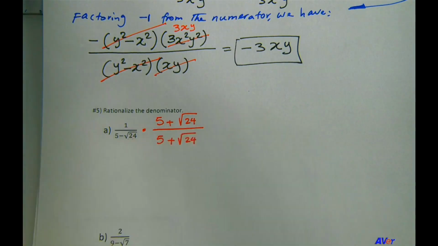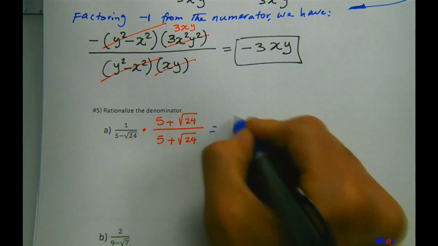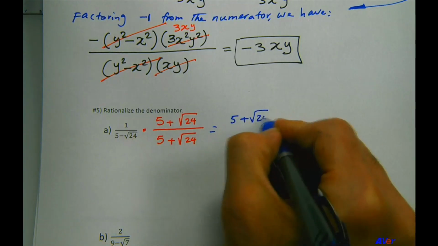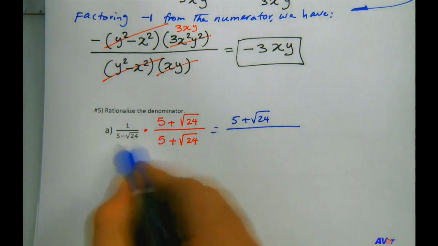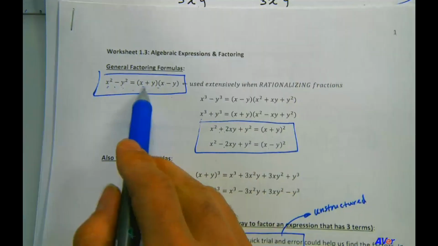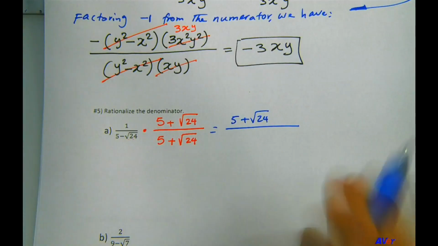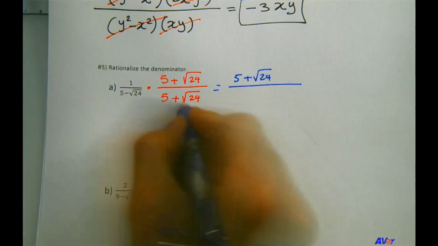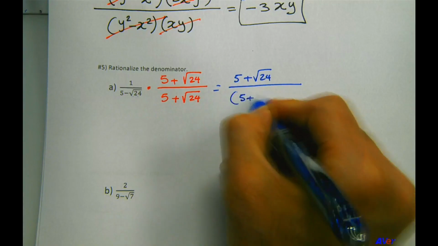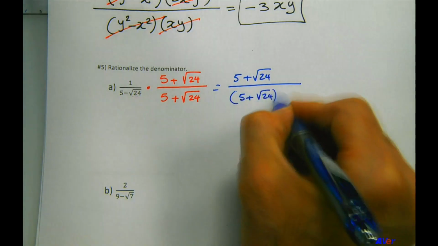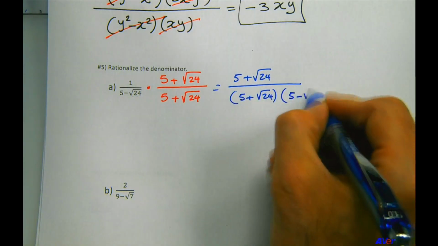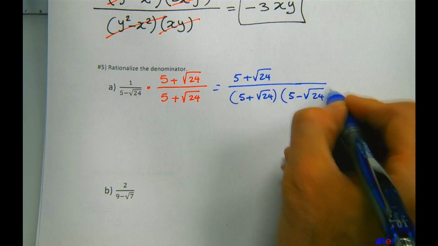Okay, so now in the numerator we have 5 plus square root of 24 using this identity, that one, right? Well, let me write it so you can see it clearly. Multiplying these two, what do we have? We have 5 plus square root of 24 times 5 minus square root of 24, right?